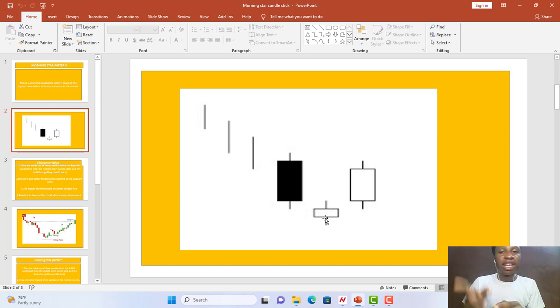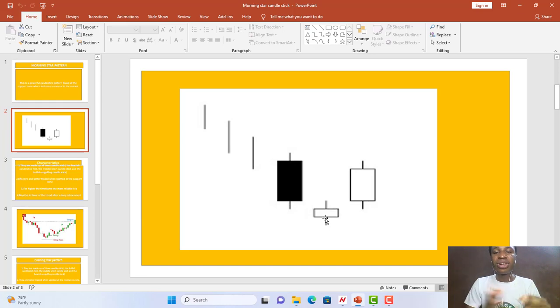Like I said before, it can be found at the end of a downtrend at the support zone, especially at a sensitive support zone, then going for a buy. Another way you can find it is when the market is buying, buying, buying, making a very deep retracement, giving you this three-candlestick confirmation, then continuing for a buy.